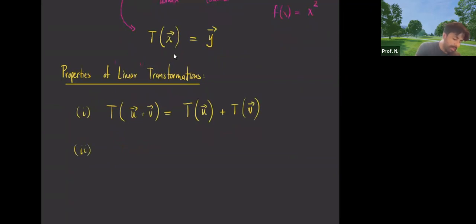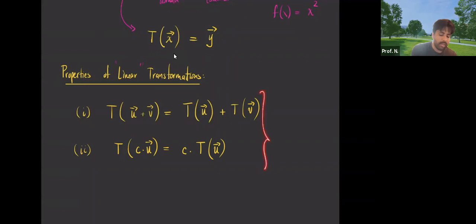And then the second property is that if you have a scalar multiple of a vector and you're trying to transform the scalar multiple of that vector, it would be the exact same thing if I took the transformation of that vector first and then multiplied by that scalar. These two properties are very important because they indicate whether or not a transformation is linear. If the transformation abides by these two properties, then we say T is linear.